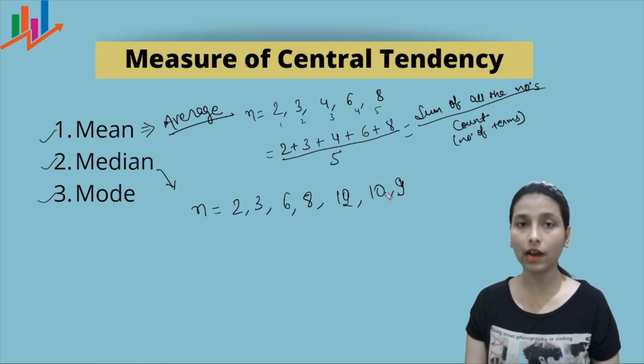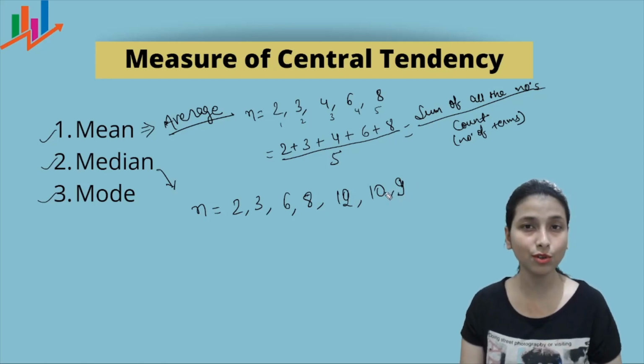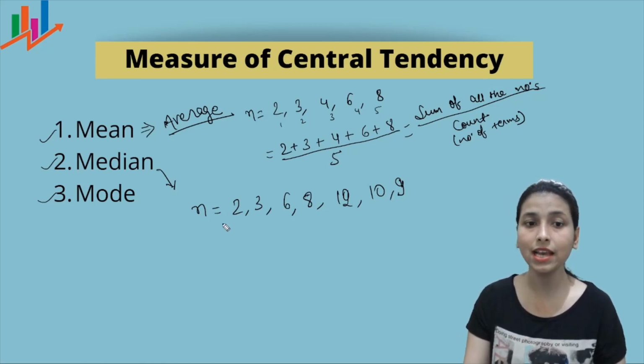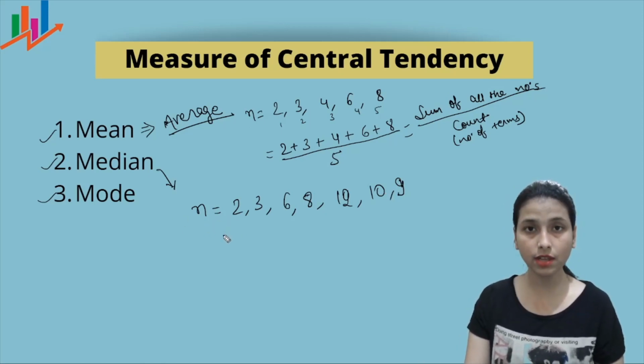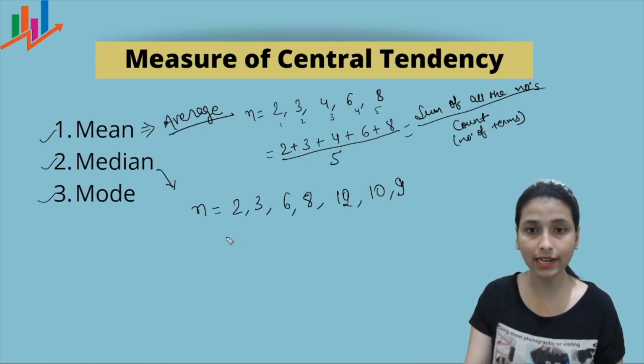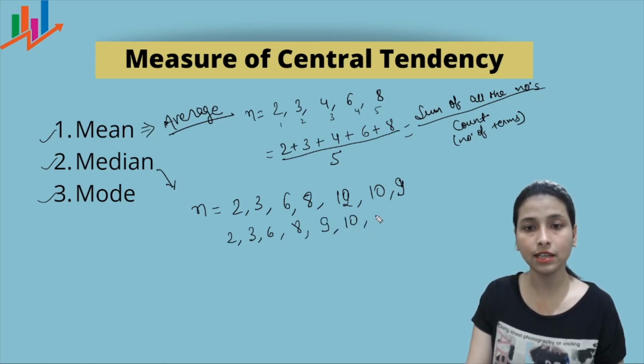In order to find out the median, the first and foremost thing you need to keep in mind is that you need to arrange the data in ascending order, meaning increasing order. So I will arrange this data in ascending order: 2, 3, 6, 8, 9, 10 and 12.